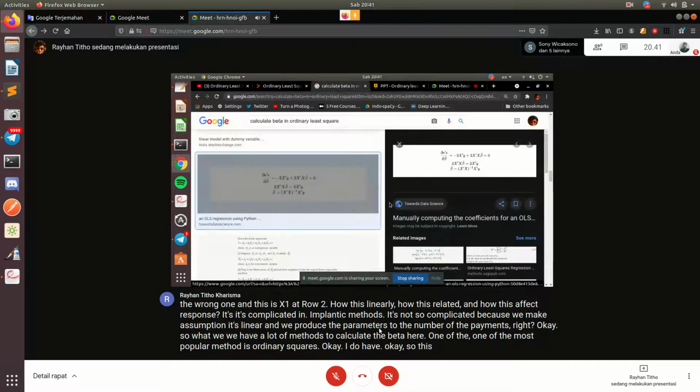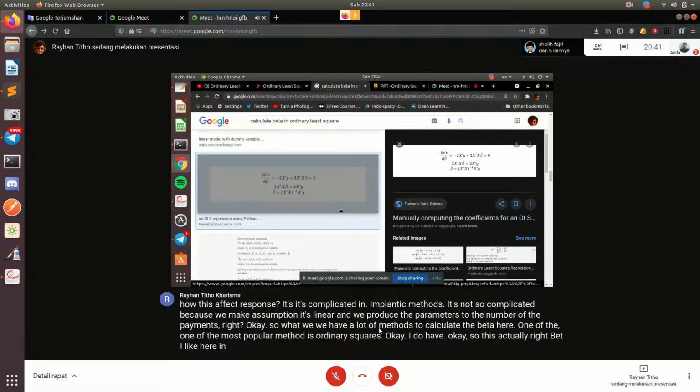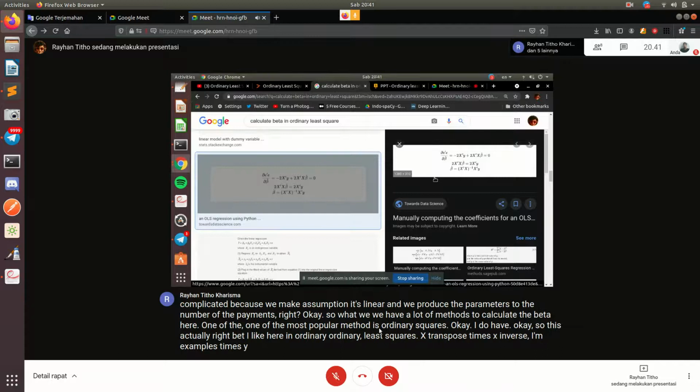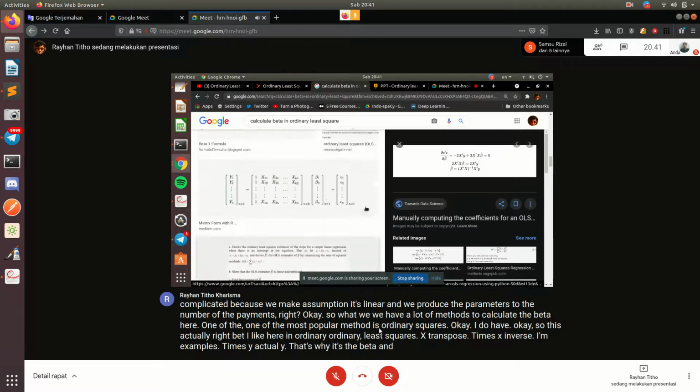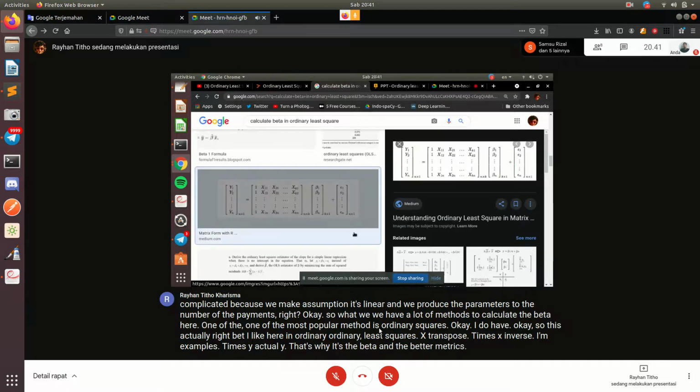Beta is calculated in ordinary least squares as X transpose times X, inverse, times X transpose times y, the actual y. That's the beta, and the beta matrix is like this. So we can calculate it.